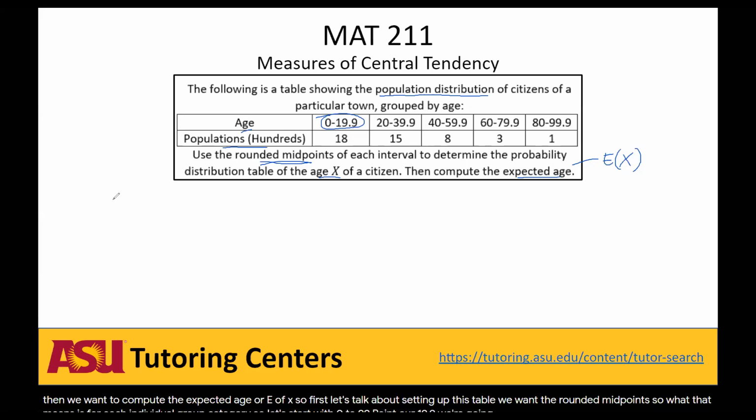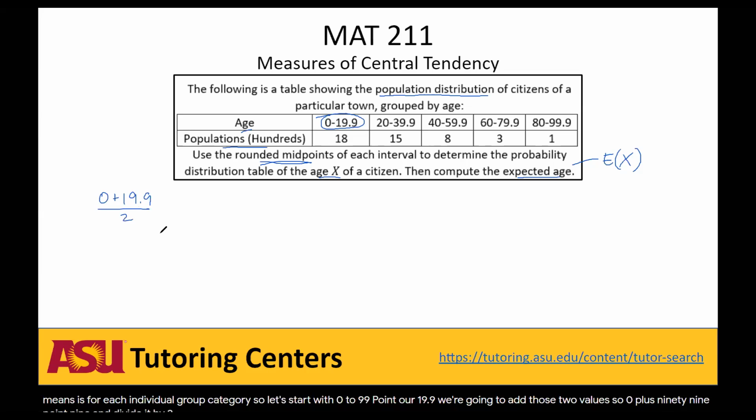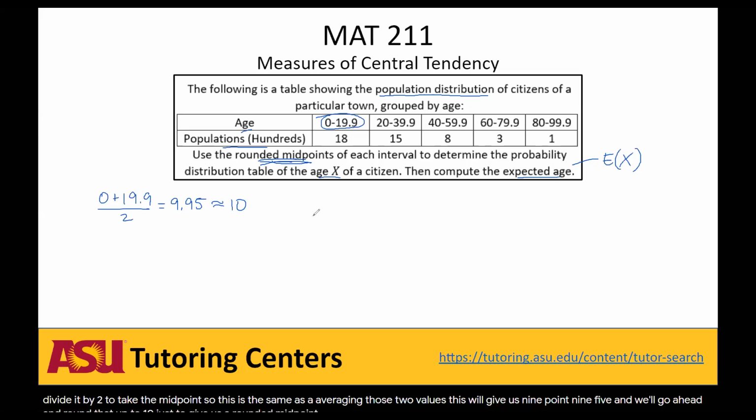We're going to add those two values, so 0 plus 19.9, and divide it by 2 to take the midpoint. So this is the same as averaging those two values. This will give us 9.95, and we'll go ahead and round that up to 10 just to give us a rounded midpoint as they request. So we're going to do that for each of these.